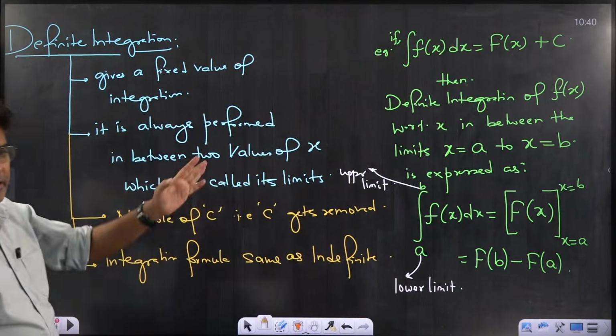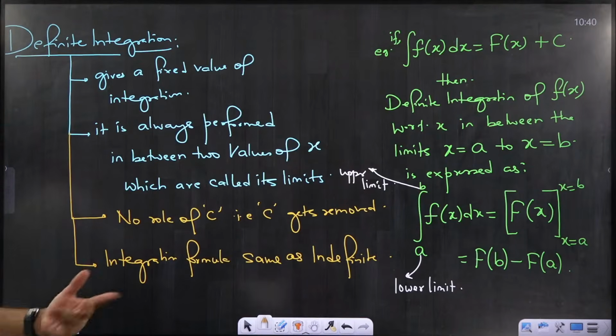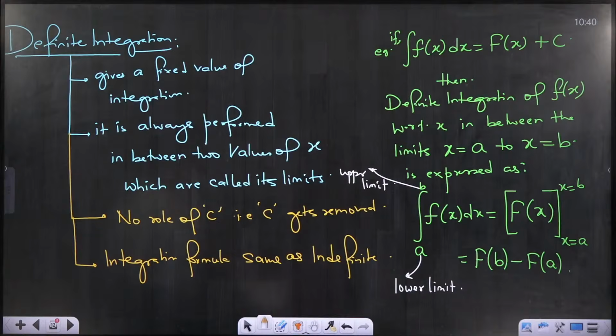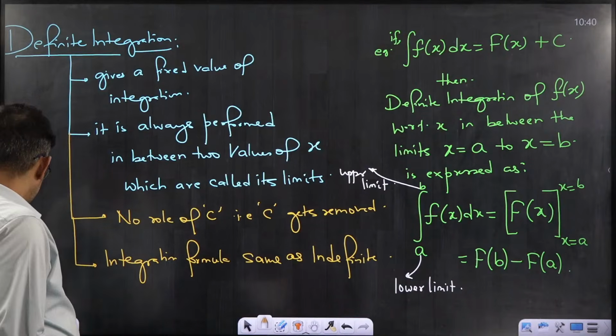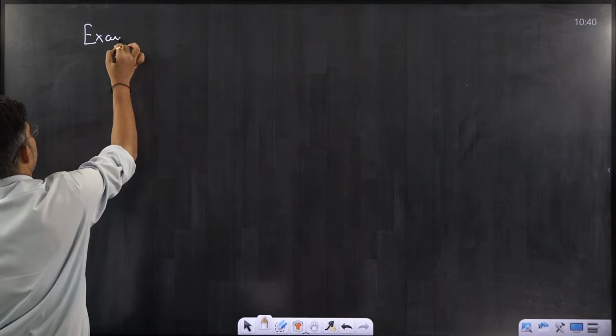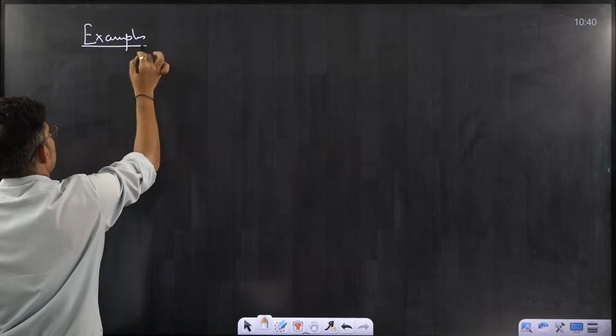Clear? So let me show you by example that definite integration is the same as indefinite integration, only that you are now getting some values. Example. Let's start with the basic ones.